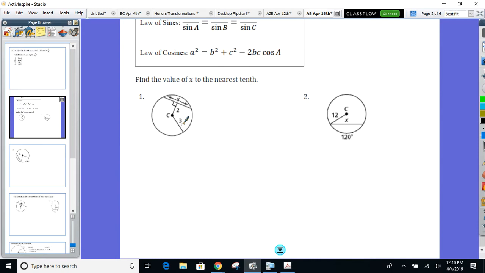So think about this right now. Is there any other radius I could draw in that will maybe help me find half of the chord so I can double it and find x? And hopefully many of you right now are drawing in this radius right here, which is 3. And similar to what we did yesterday, we can use Pythagorean theorem.